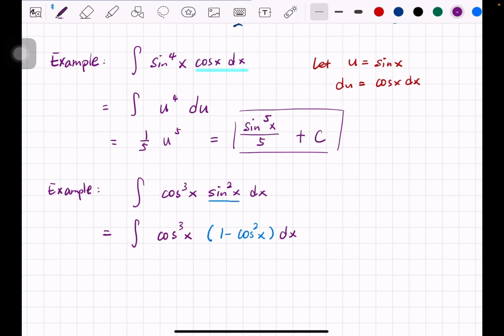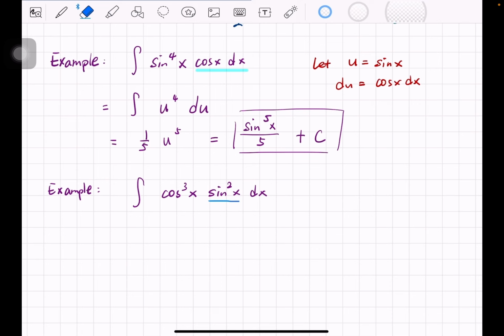And we can multiply it out. I think a lot of the time when we're trying to find antiderivatives, there's a lot of trial and error.